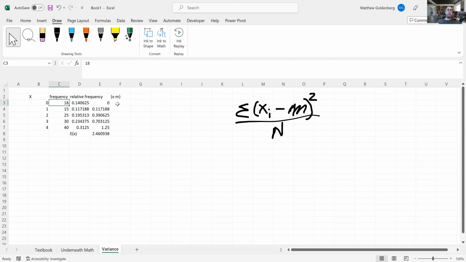So when we do X minus mu, which is mean, means your average. Some people might see that as a U if you see the Greek letter. Depends on how clear the textbook is.